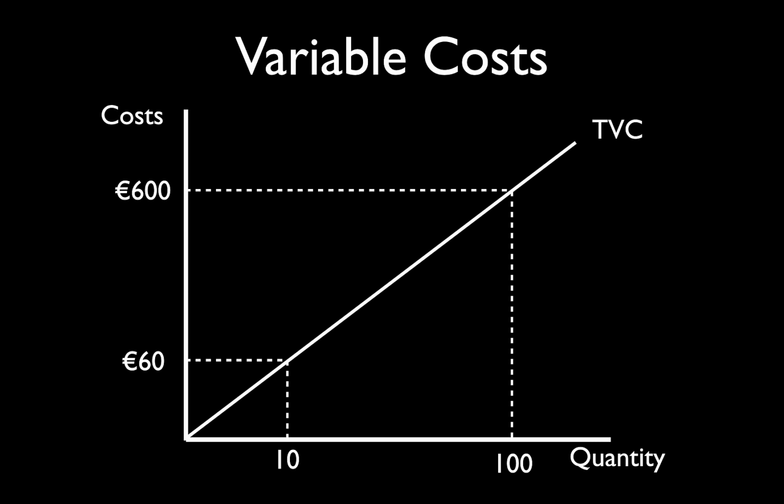So now my total variable cost, the IB seems to like that, is up at €600. Because quantity produced rose from 10 to 100, my variable costs also increase. Please keep that in mind.